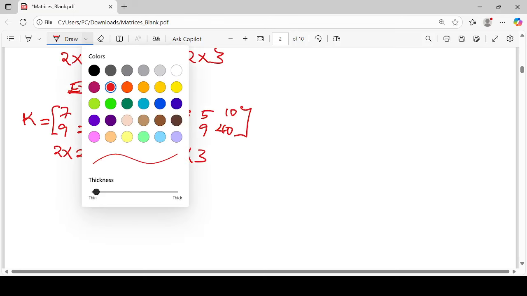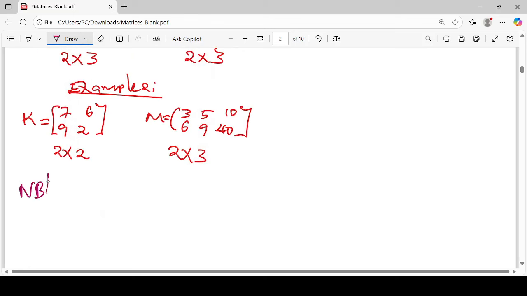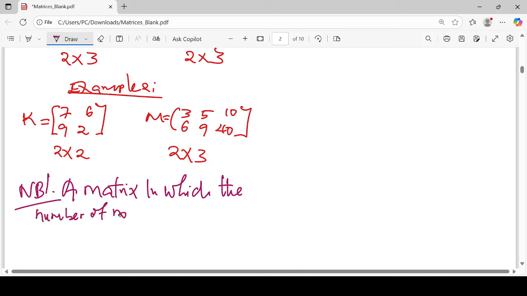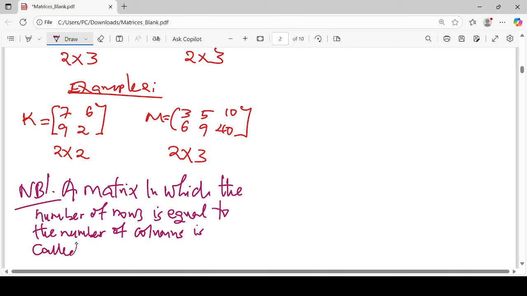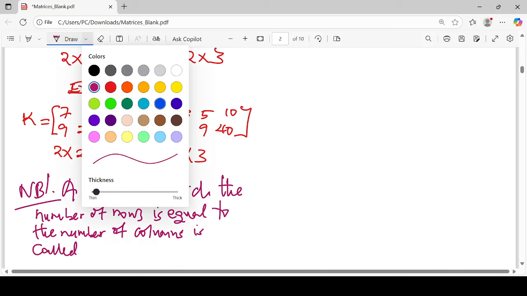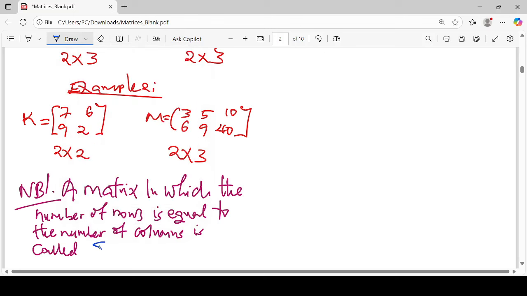I want to make a point to note here, that is an NB. I want you learners to know this, that a matrix in which the number of rows is equal to the number of columns is called a square matrix.